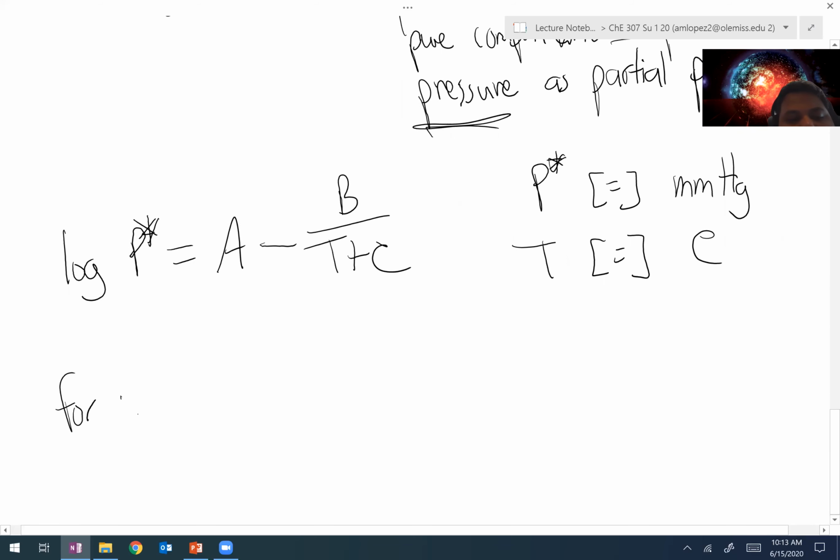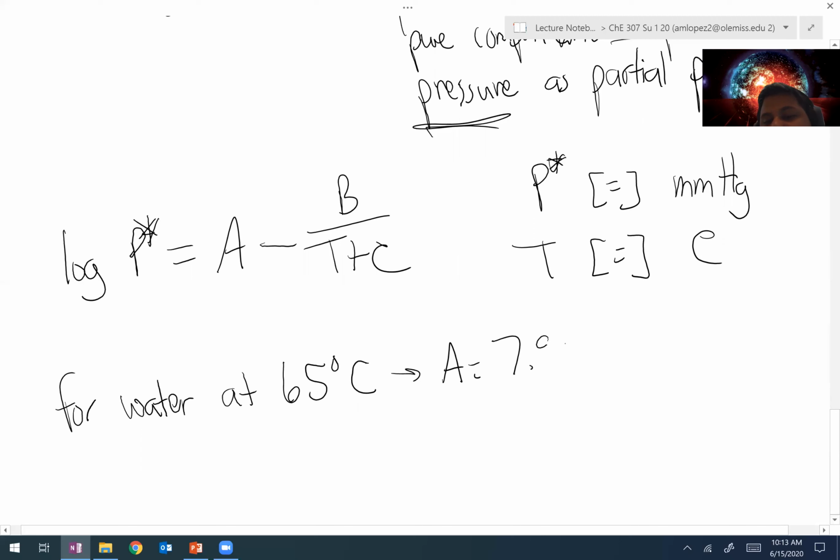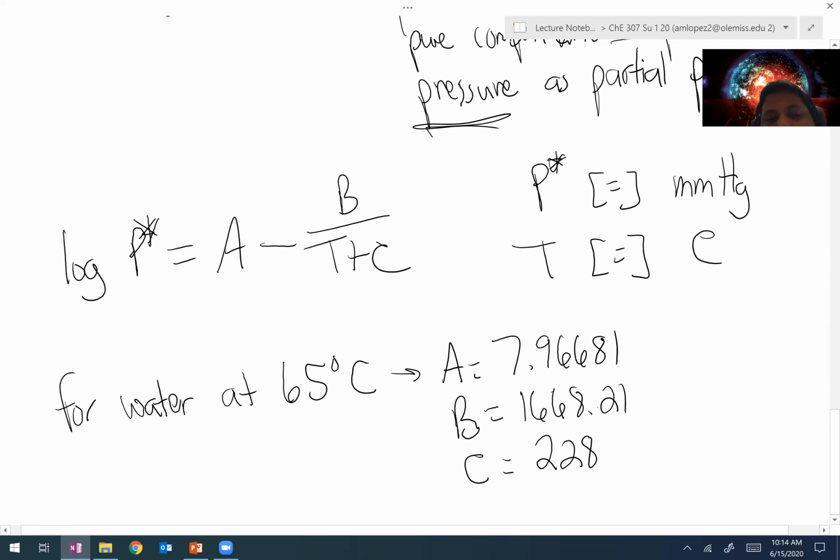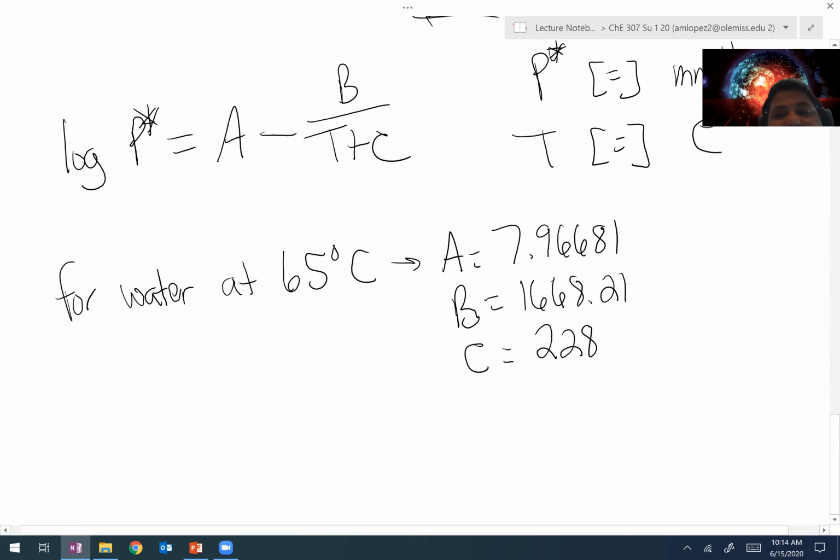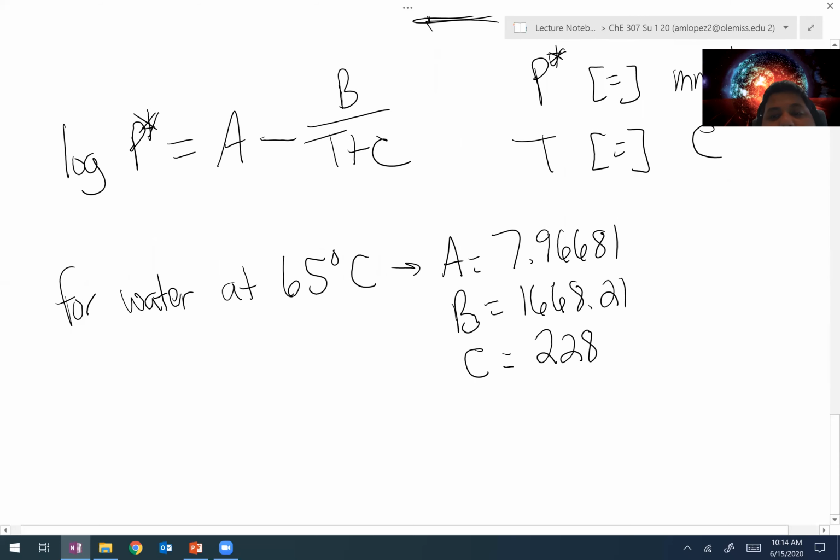And for water at 65 degrees, the A constant is about 7.96681. The B constant is 1668.21. And the C constant is about 228. So with that, we can calculate the vapor pressure of the water in that air-water mixture.